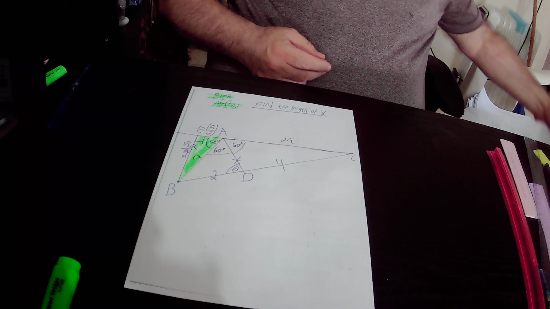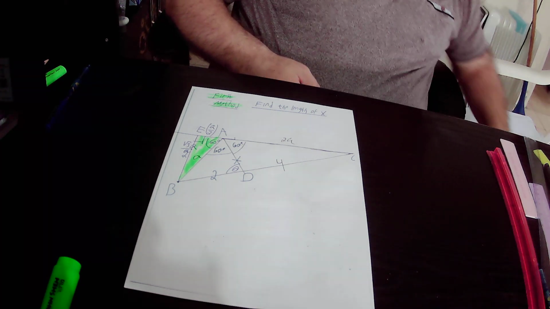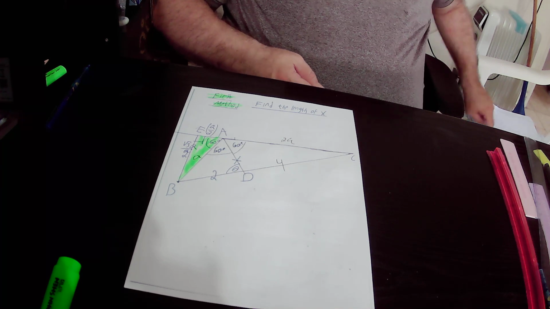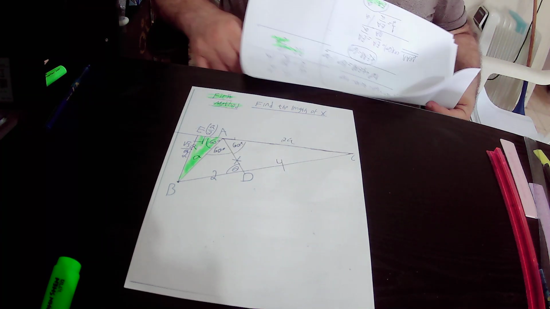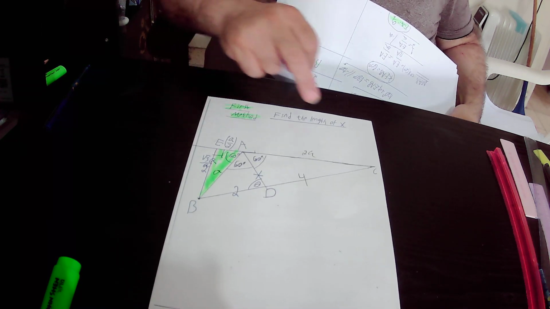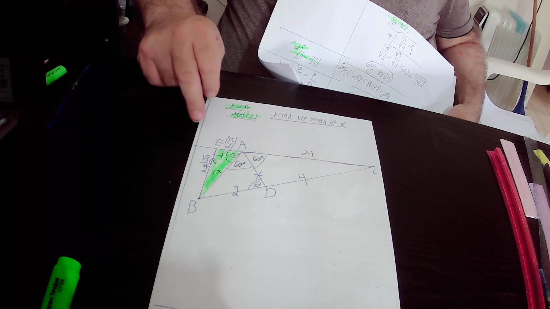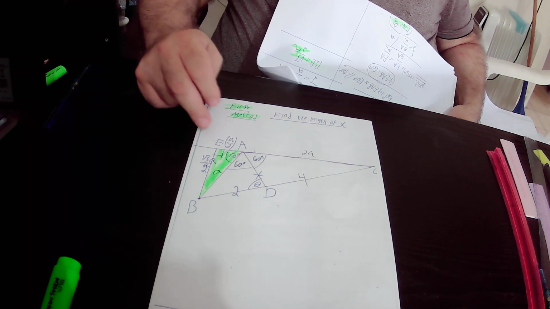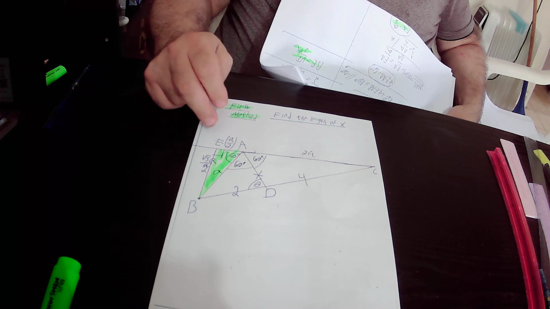Then we did a construction. We extended side CA of triangle ABC by a straight line, and then from point B we raised a perpendicular to the extended CA.